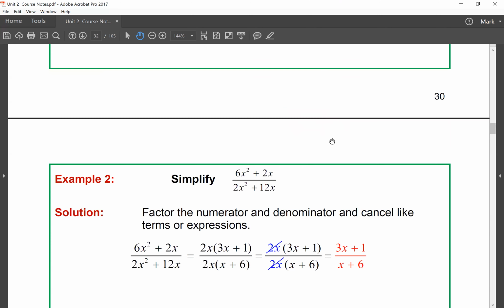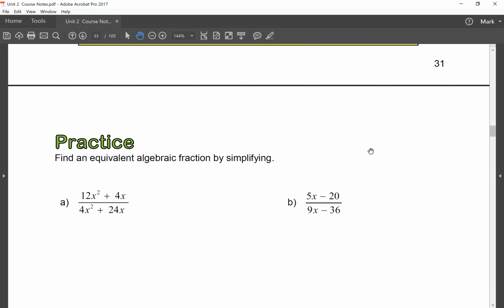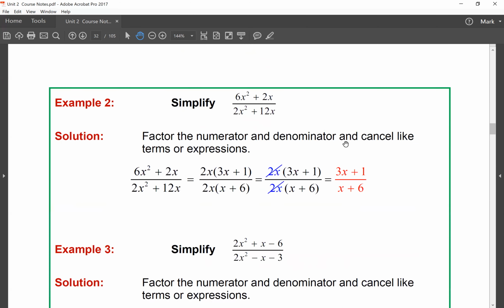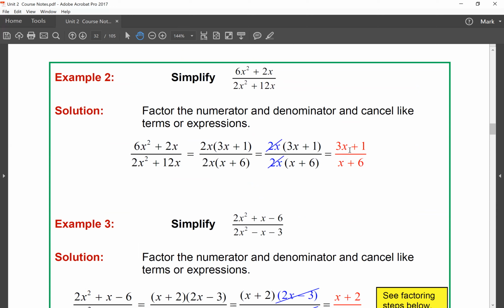So let's look at some harder ones, and then I'll do some examples with you. Example number 2. Again, a very tricky looking rational expression. But if I can factor these, I'll use all of my tips and tricks, every type of factoring I can think of.